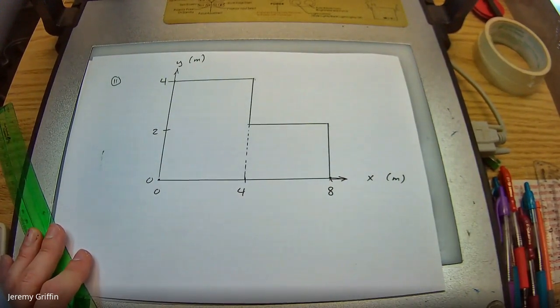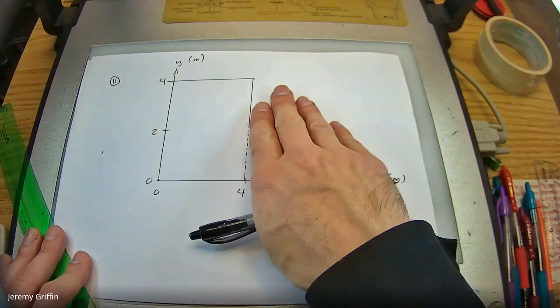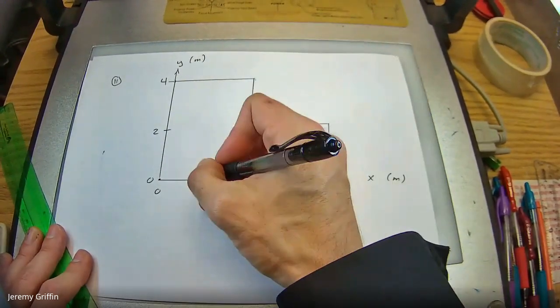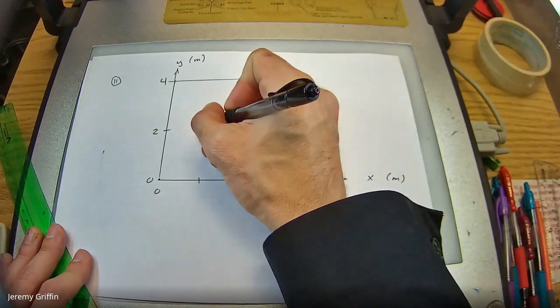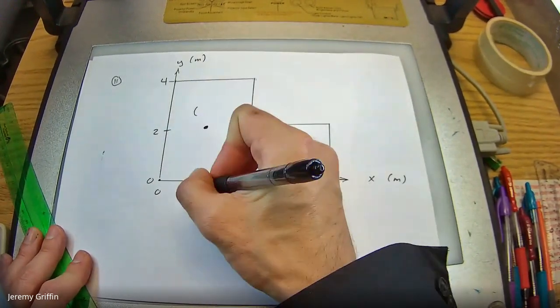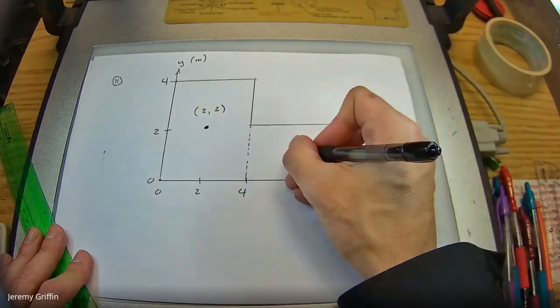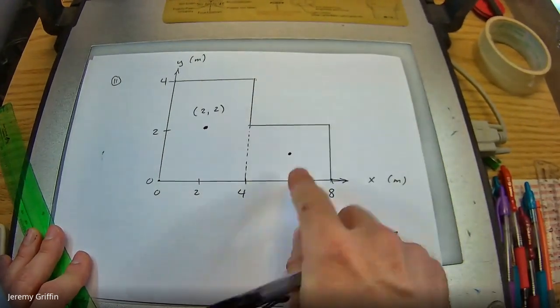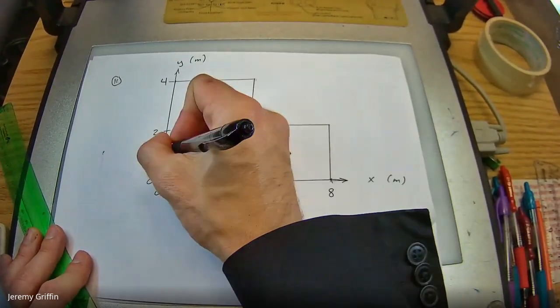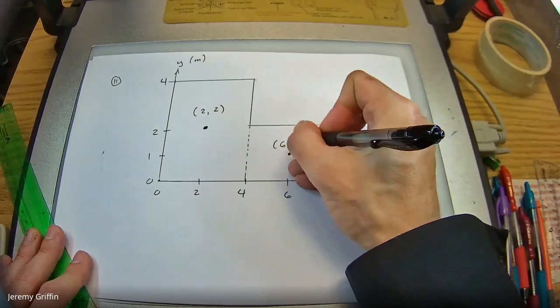I can see right away that the center of mass of the left rectangle is going to be at the point 2, 2, and the rectangle on the right is going to be at the point 6, 1.